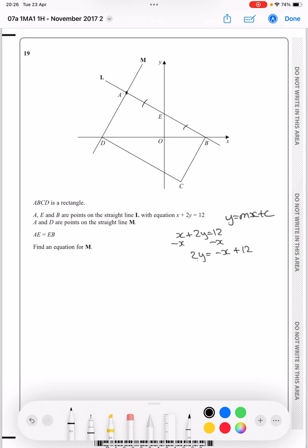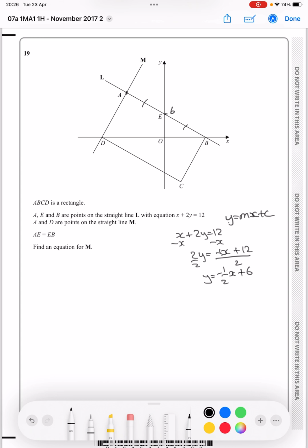And also then divide by 2. I divide all of it by 2. So y equals, this is a 1, so it's minus 1 over 2x, or minus a half x, plus 6. The good thing about that is it tells me that E is at 0, 6. That's going to be quite helpful.